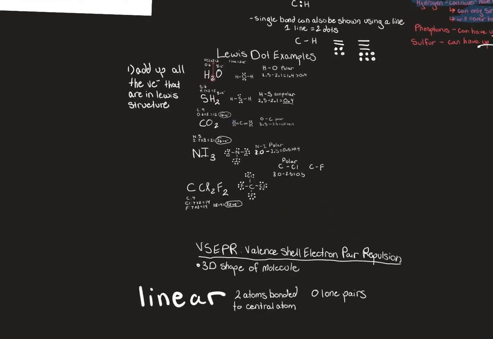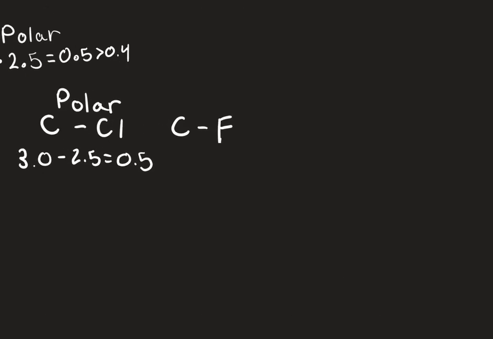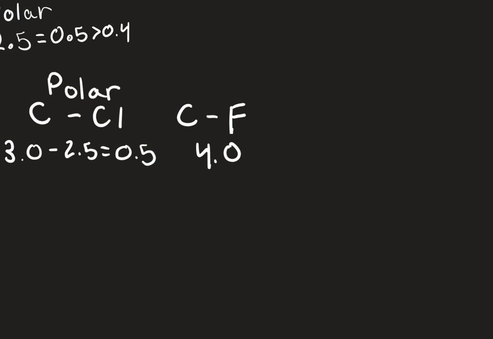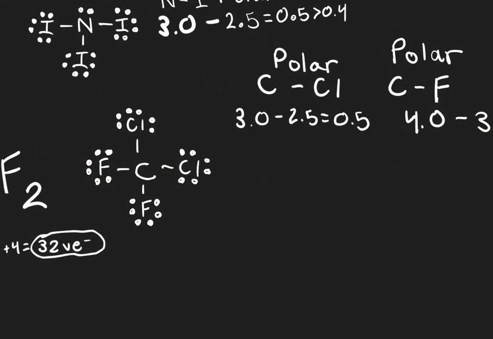Fluorine has a value of 4. So I'm going to do 4 minus 3, because again, it does not matter what order I put my values in, which is equal to 1. So this is also a polar covalent bond. So in this case, each of these bonds is polar covalent. They have different polarity values, but they are still all polar covalent.